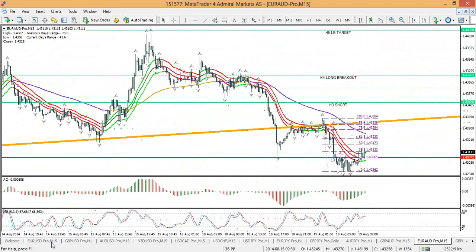Just like the Euro dollar, although in my opinion, waiting for the 4-hour candle made sense. Of course, that particular breakout will have an influence on this Euro Aussie too. If the Euro dollar breaks out lower, it would be good for the Euro Aussie too. So it might be worthwhile to keep an eye on the Euro dollar breakout as well to see if this Euro Aussie will make the turn at one of these fibs, as I expect.